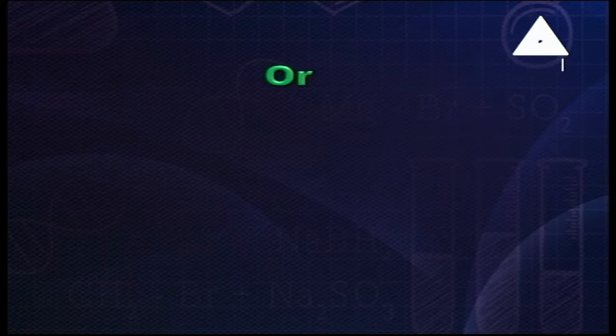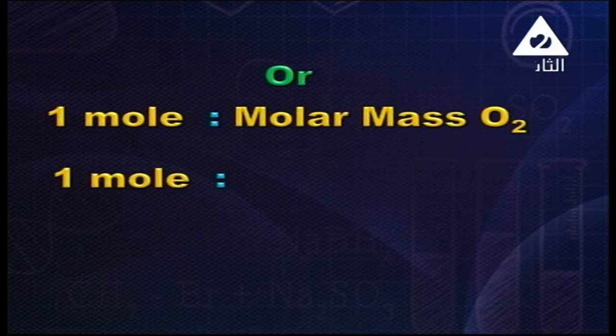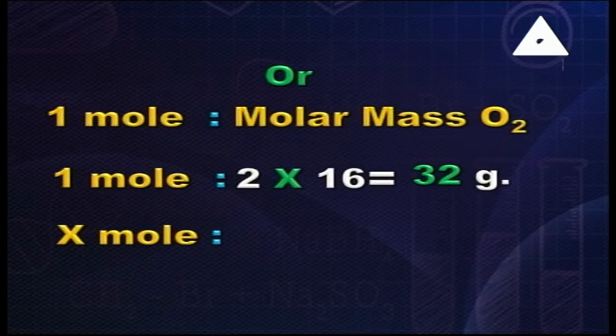Or the other method for the answer: 1 mole corresponds to the molar mass of oxygen, 1 mole to 2 by 16, which is 32 grams. Then X moles equals 64 grams. What do I do?